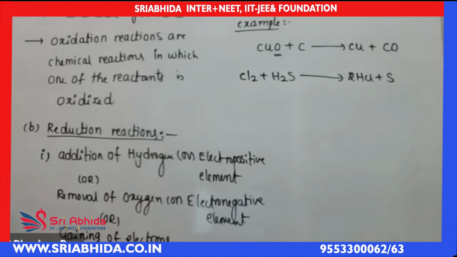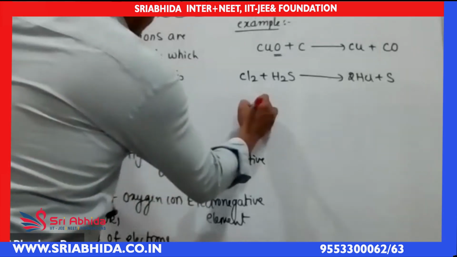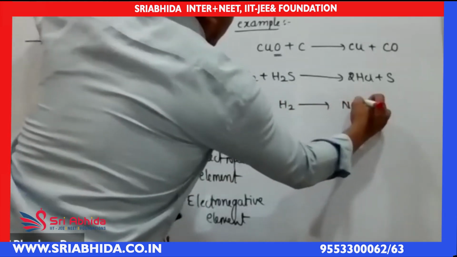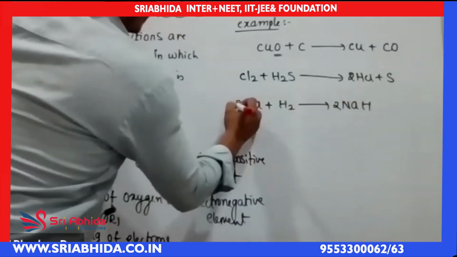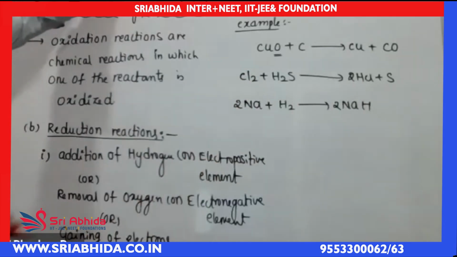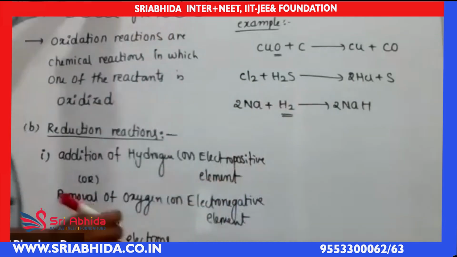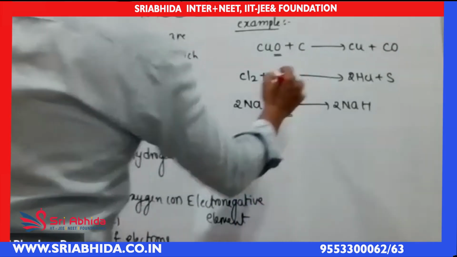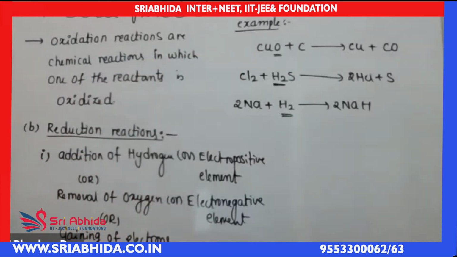Next one, sodium reacts with hydrogen and is converted into sodium hydride, 2Na plus H2 giving 2NaH. Here addition of hydrogen is taking place. In the previous example, hydrogen is added to the chlorine part, HCl.